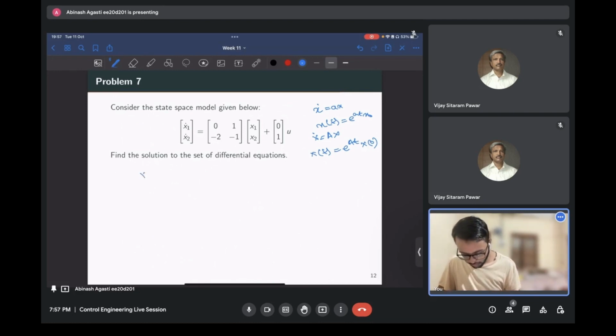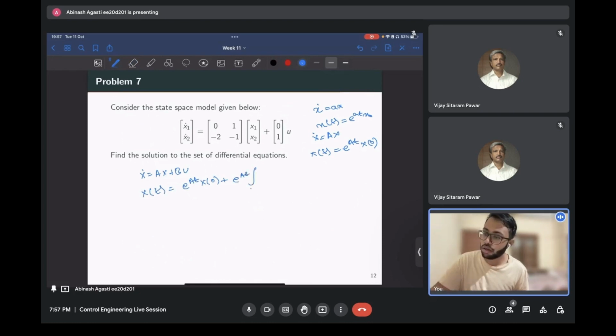So for any general system the solution is given by phi, the integral of phi of t minus tau B u of tau d tau. Now this is just a scary looking expression, and the computations become really lengthy, but there is no conceptual difficulty in this thing.